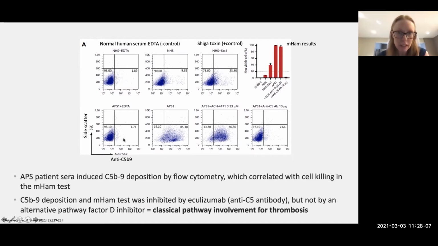And then they also used drugs: eculizumab, an anti-C5 antibody, and also a factor D inhibitor, ACH-4471, to see what could be inhibited. And it was only inhibited by the anti-C5 antibody and not the factor D inhibitor in these patients. So really a bit more from the classical pathway, at least for these patients, which were more thrombosis, not really pregnancy related.